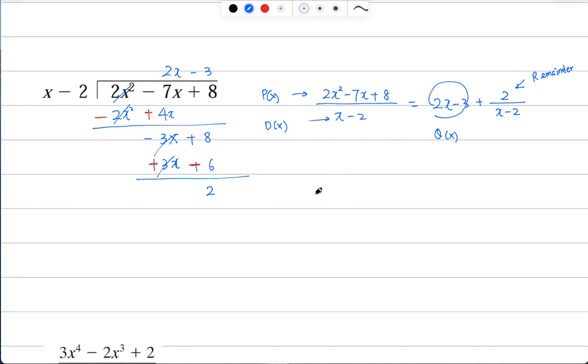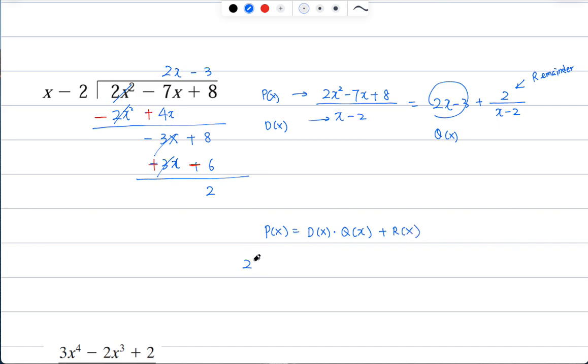Therefore, how can we rewrite this result? Our original polynomial is equivalent to divisor times quotient plus our remainder.